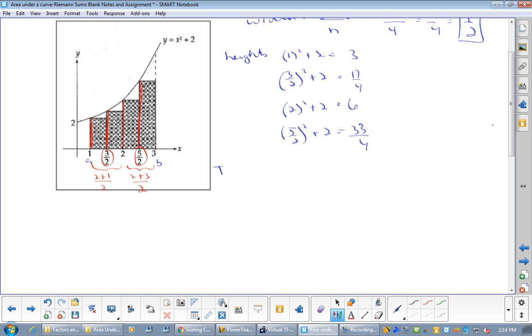So the total area now would be finding all your rectangles and adding them all together.